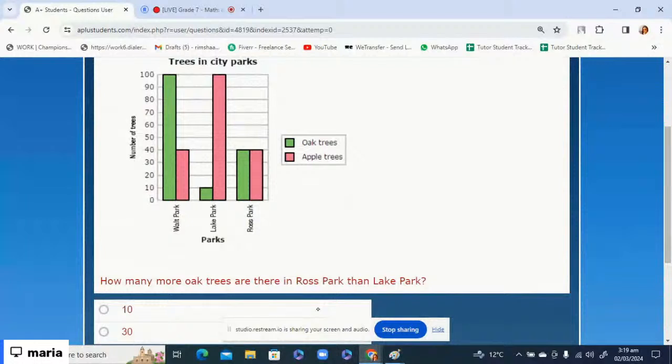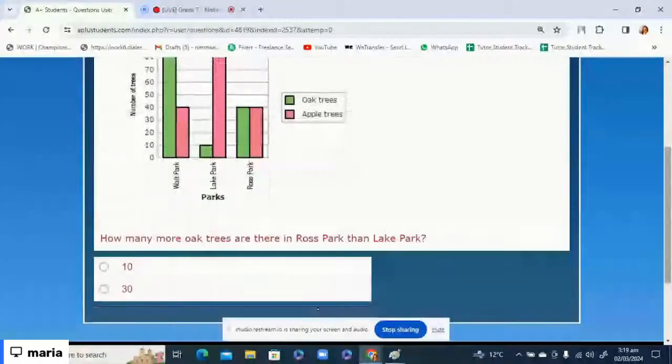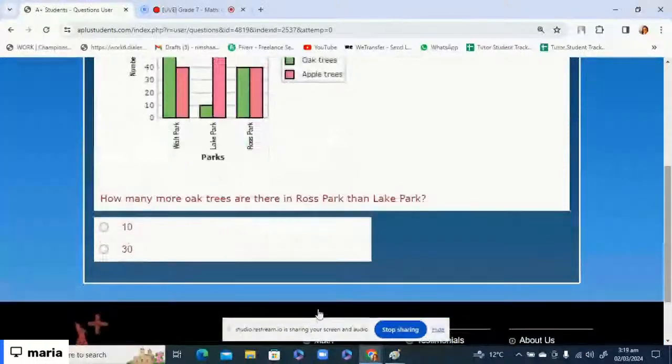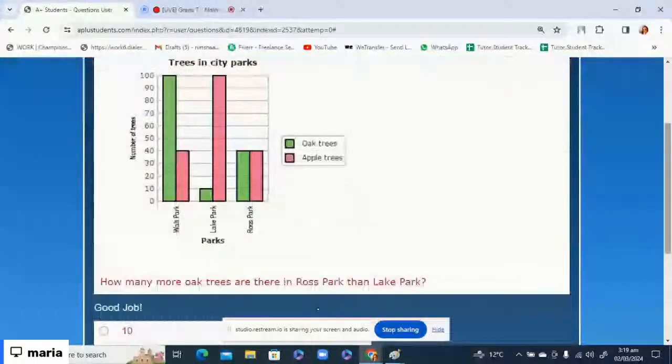And for Rose Park, the green color is at 40. So they're asking how much more in Rose Park than Lake Park. So it means 40 minus 10. So the answer is 30. So 30 more oak trees in Rose Park than in Lake Park. Just subtraction and we got the answer. Okay.